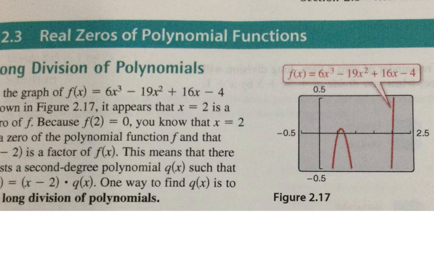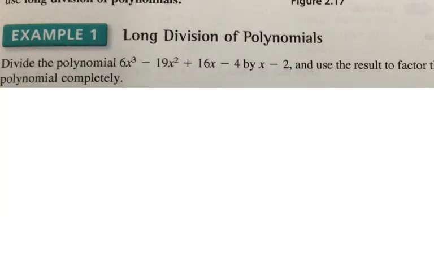This means there exists a second degree polynomial q such that f of x is equal to x minus 2 times q. One way to find q is to use long division of polynomials. It says here to divide the polynomial 6x cubed minus 19x squared plus 16x minus 4 by x minus 2 and use the result to factor the polynomial completely.